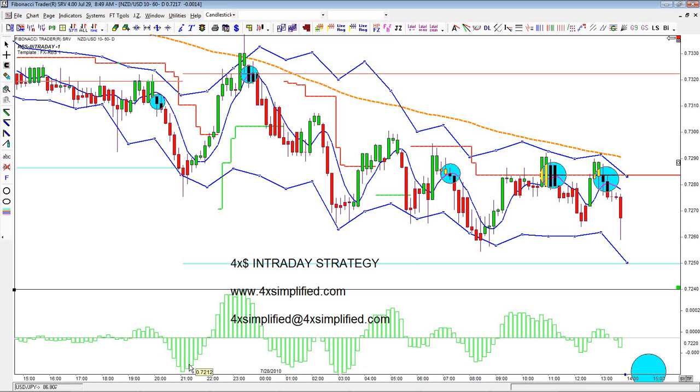So those three indicators combined together will provide us with an exact entry signal. So there is no hesitation or wondering if we need to enter or not. We always enter on a closed candle. We do not enter when the market is running. We don't try to catch up or anything.